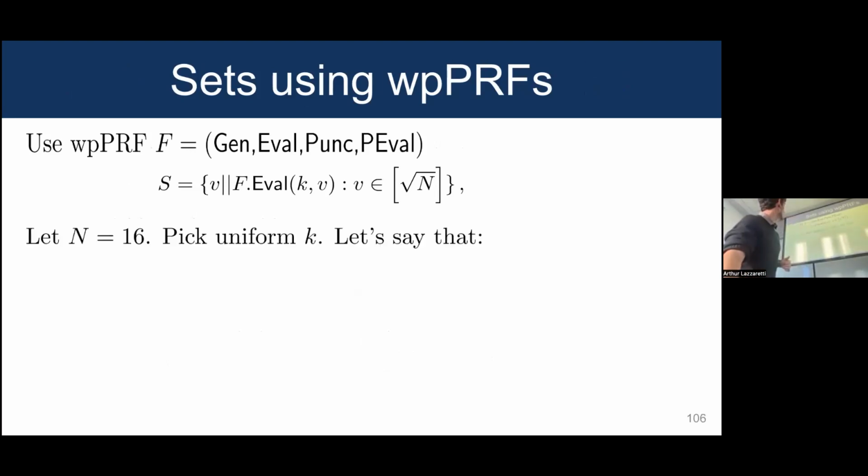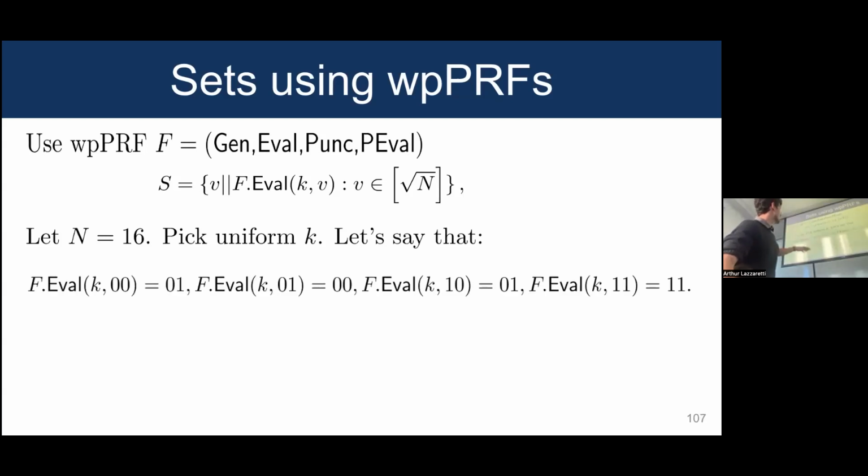How this looks in a small example is if you have n equals 16 and you want to create a set in this domain. The strings here have size log n divided by 2, so log of 16 is 4, divided by 2 is 2.